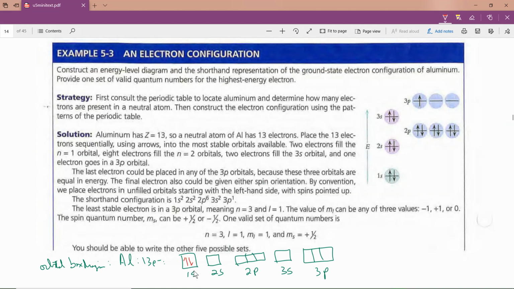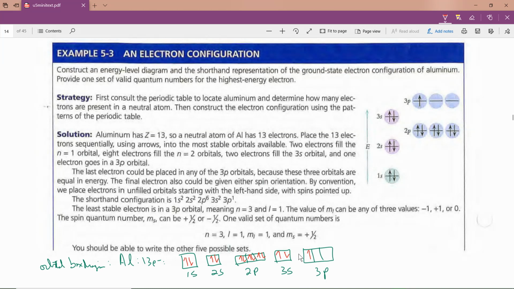So there's spin paired electrons at the 1s. So 1, 2, 3, 4, 5, 6, 7, 8, 9, 10. And I got 3 more. 11, 12. And then I got the 13th electron, which I can put in any box in the 3p subshell. So we see that we have 3 valence electrons in aluminum. This is called an orbital box diagram.